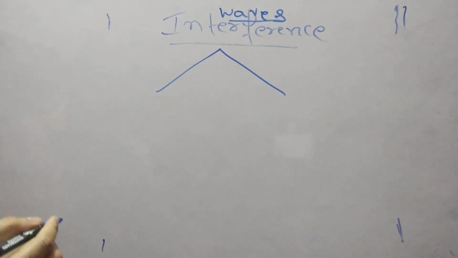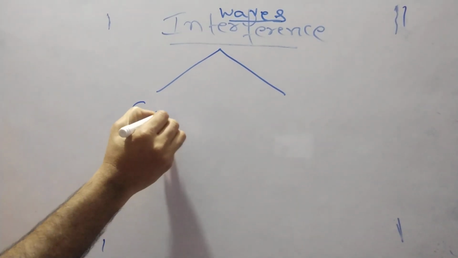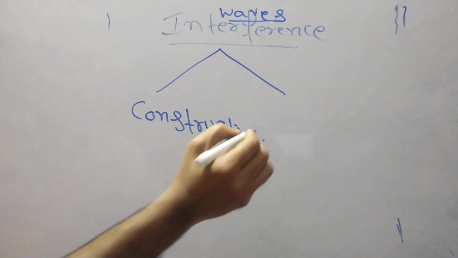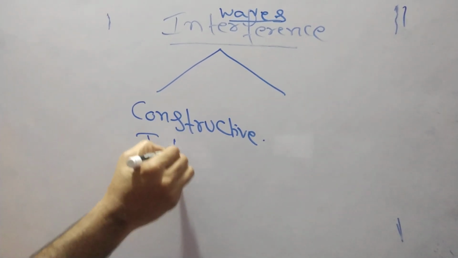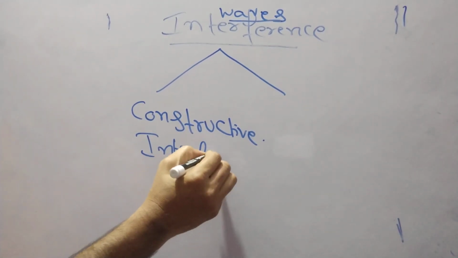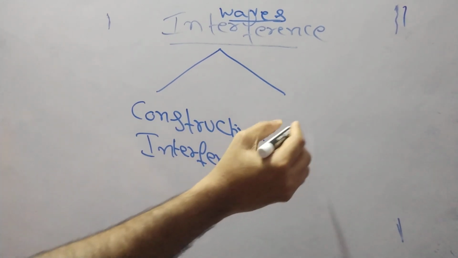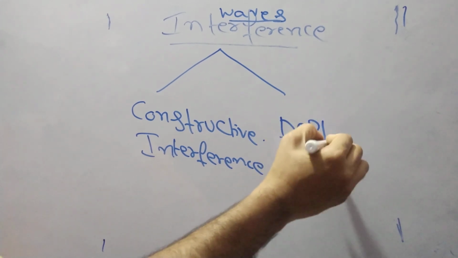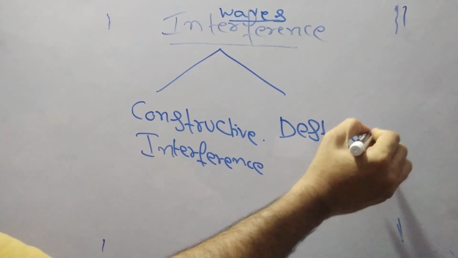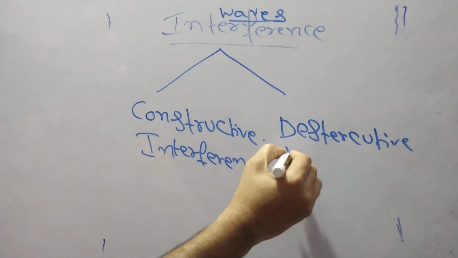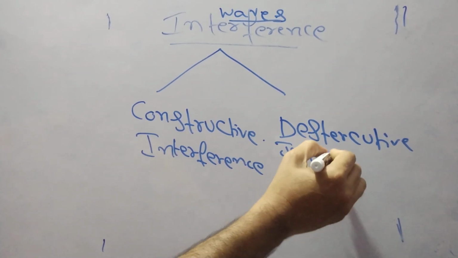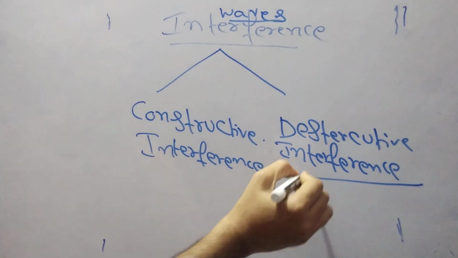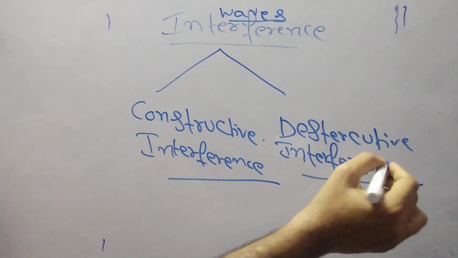One is known as constructive interference, and the second one is destructive interference. So these are two types of interference.